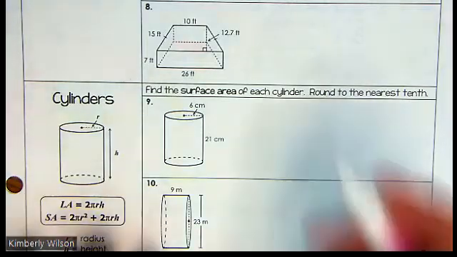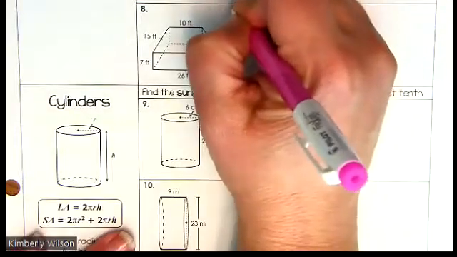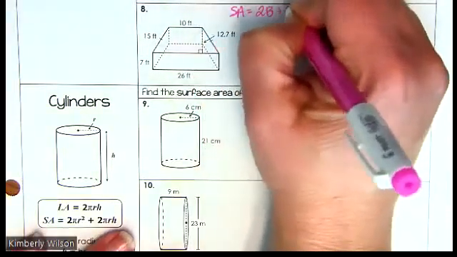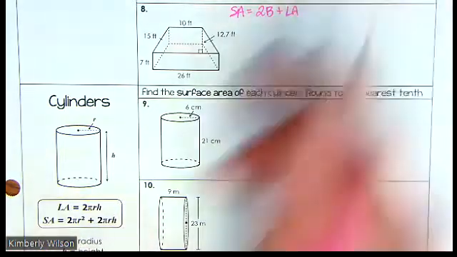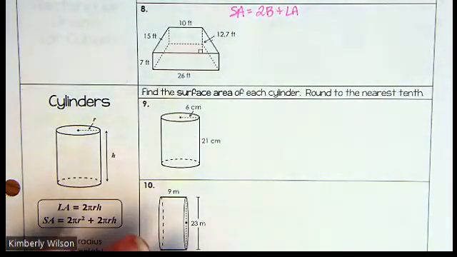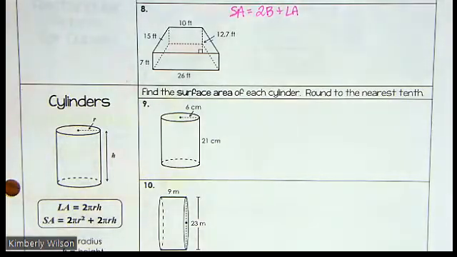All right, so still the same formula. Surface area equals 2B plus the lateral area. Well, I've got to find what the base shape is. But first, I'm going to go through and label things.